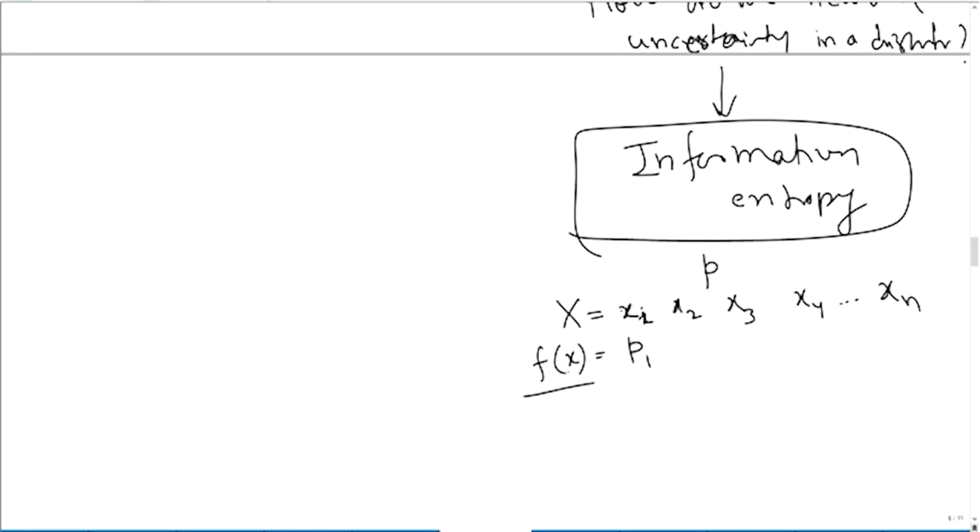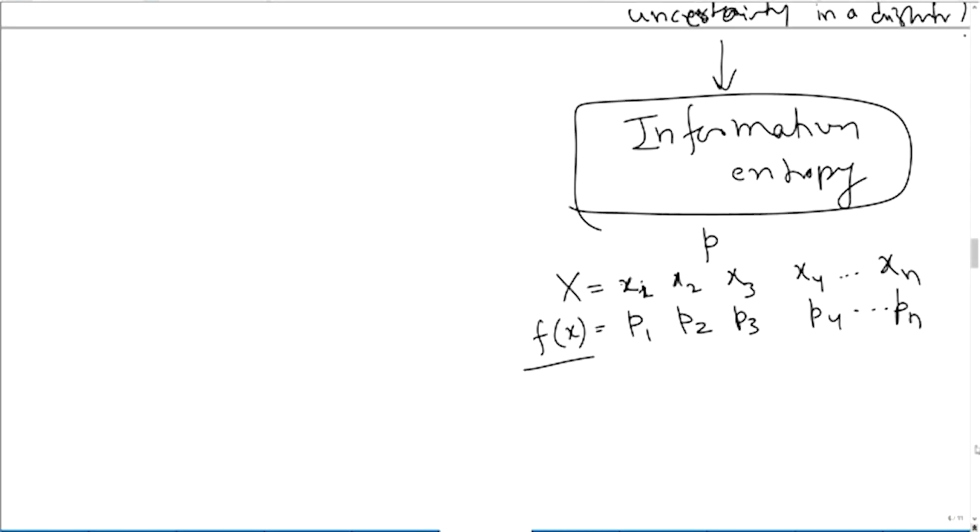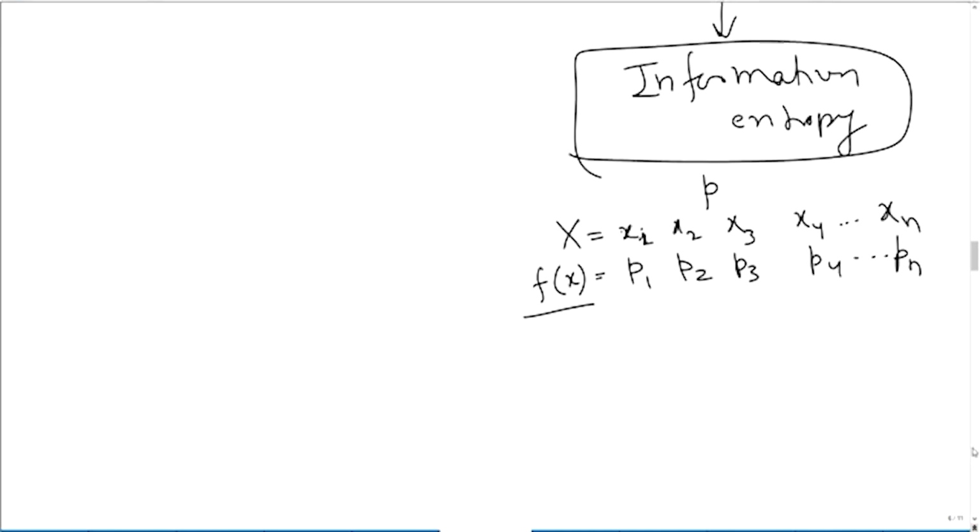This is the probability mass function associated with the random variable, assigning probabilities p1, p2, p3, p4 and pn. So these are probabilities for each possible value of this random variable, for each outcome. So how do we measure the information entropy of this?